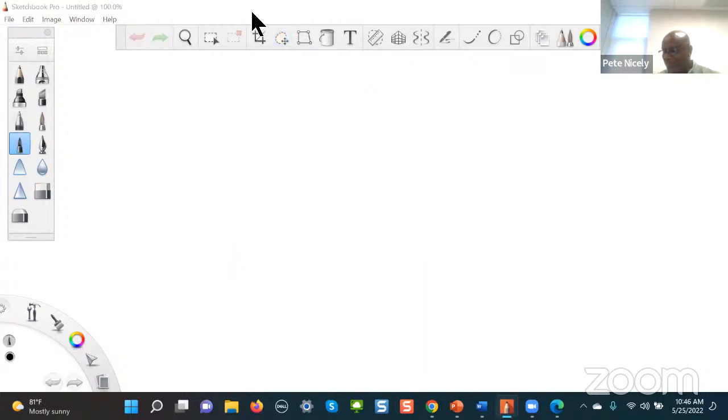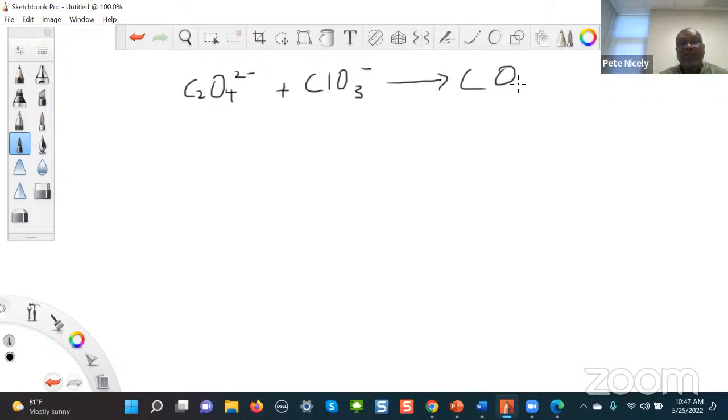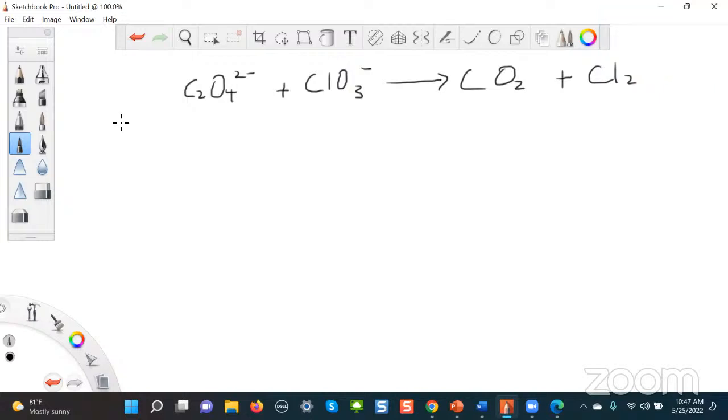I want to do another example. So I'm going to write down this unbalanced equation, C2O4 2 minus, plus ClO3 minus to give CO2 plus Cl2. All right, so what would be the first step? Separate them into two half equations.